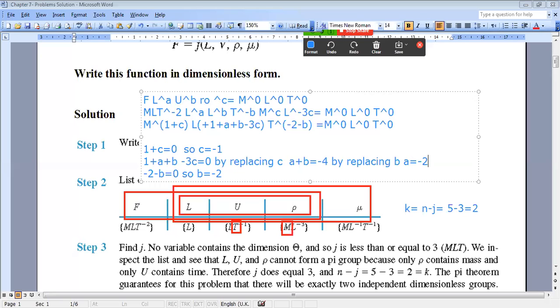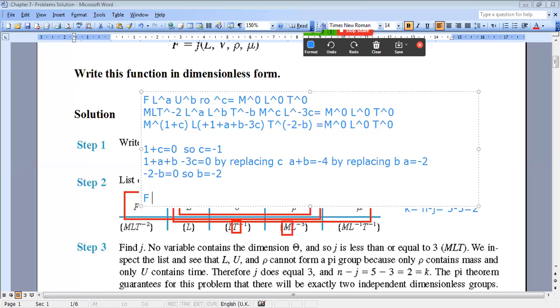Such that f is forming a group with l, u, and rho. And what is this group now? I can write my group. My group is f times l to the power a, so l to the power minus 2, times u to the power minus 2, and finally for c, it's minus 1, so times rho to the power minus 1.